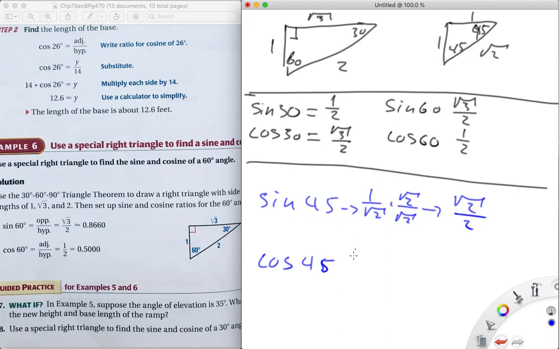Cosine of 45 is the same thing: 1 over root 2, adjacent over hypotenuse, which gives me square root of 2 over 2. So sine of 45 and cosine of 45 give the same answer, square root of 2 over 2.